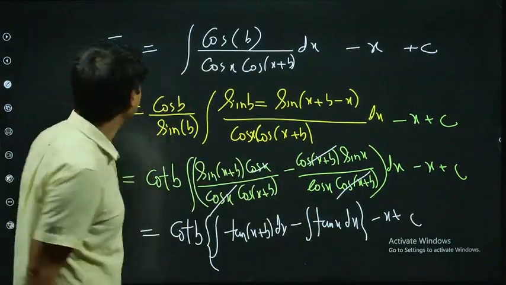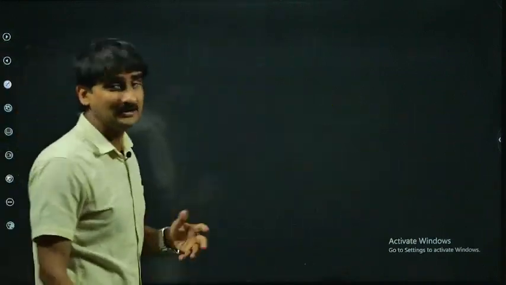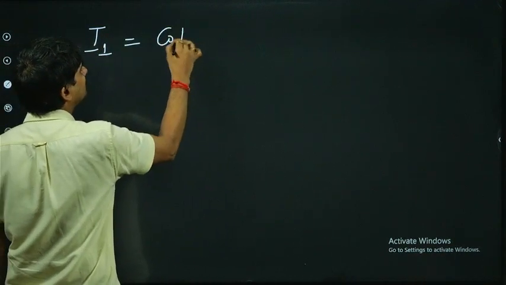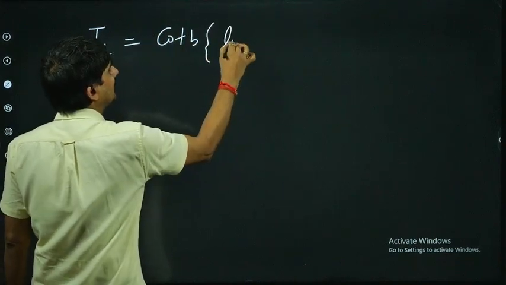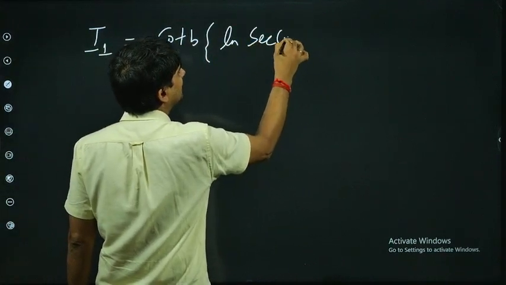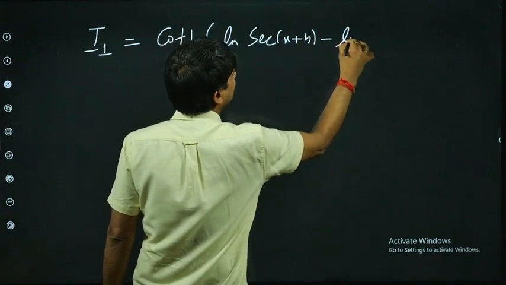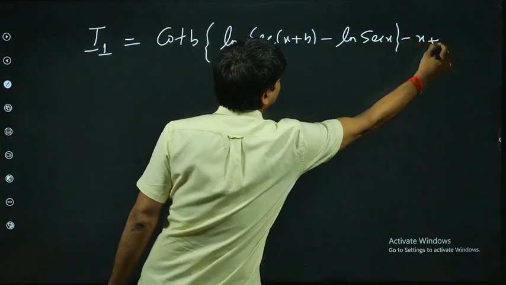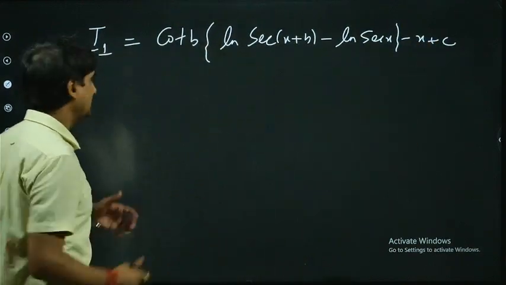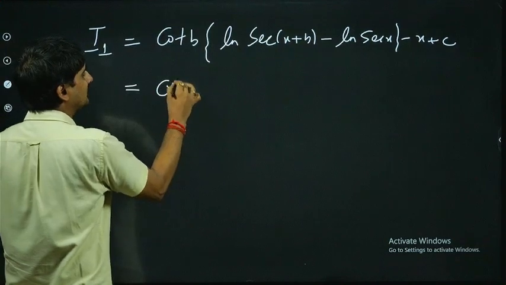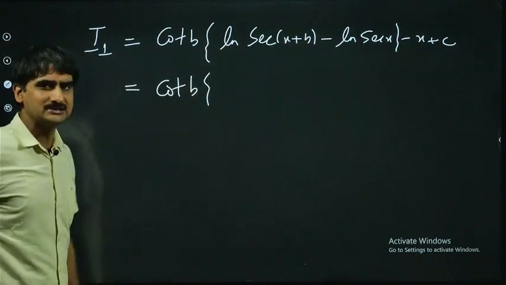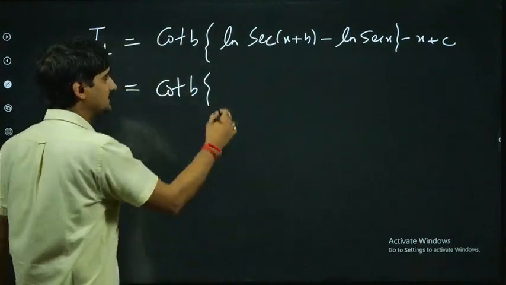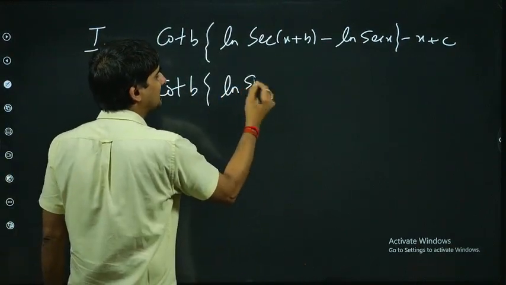Now as a standard result, we know integral of tan x is ln sec x, isn't that? So I1 for a is equal to 1 is cot b times ln of sec of x plus b minus ln of sec x and then minus x plus c. If I use the property of log, which says ln a minus ln b is ln a by b, it is ln of sec of x plus b over sec x.